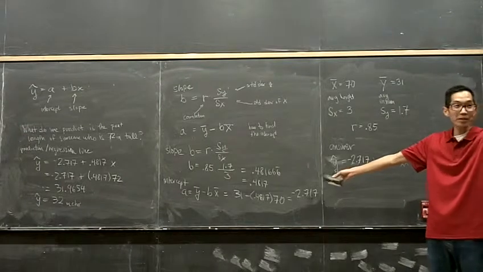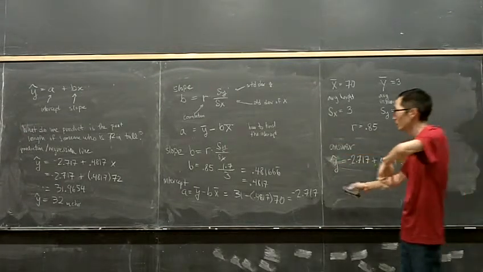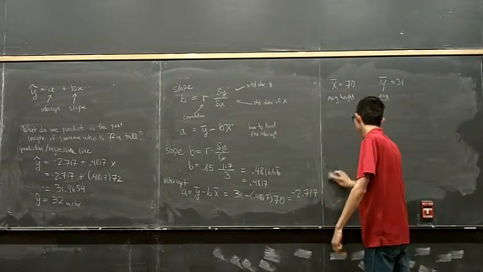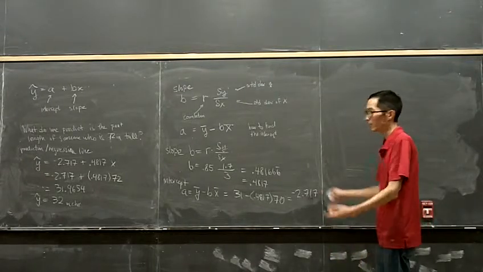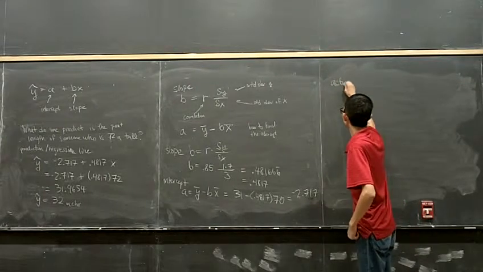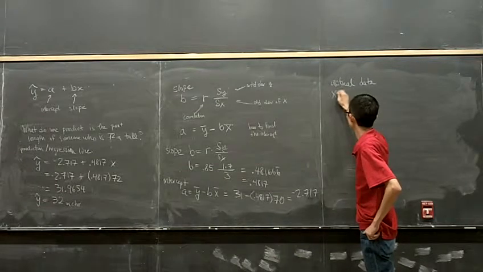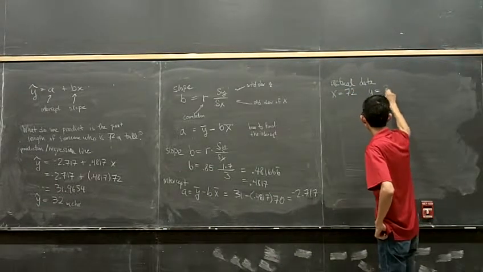So anyway, here's a good example. Let's say this is our equation, and let's say we found an actual person. The actual person says, I'm 6 feet tall, and the pants I wear, the inseam is 34 inches. So actual data: the x is 72, and the y is 34, okay?